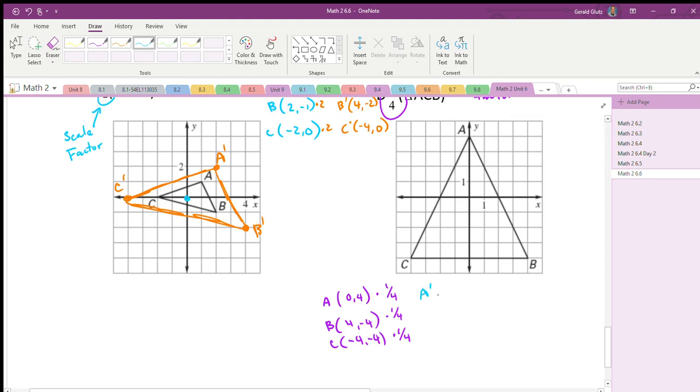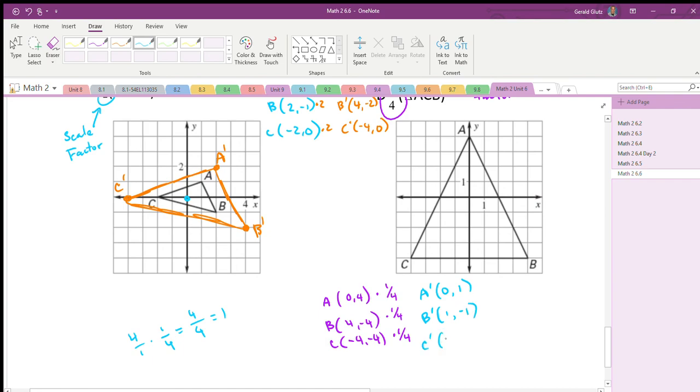So A prime, if I multiply 0 times 1/4, I get 0. 1/4 times 4, I'll do that over here: 4/1 times 1/4, I get 4/4, or 1. So that'd be 1. B prime, so 4 times 1/4 we just figured out was 1. -4 times 1/4 is -1.